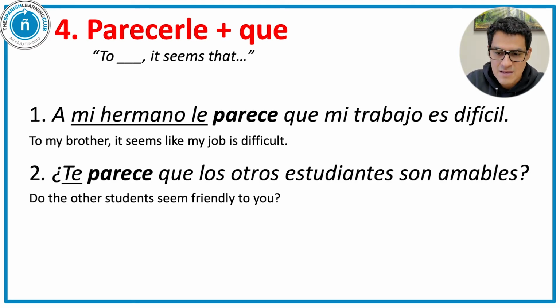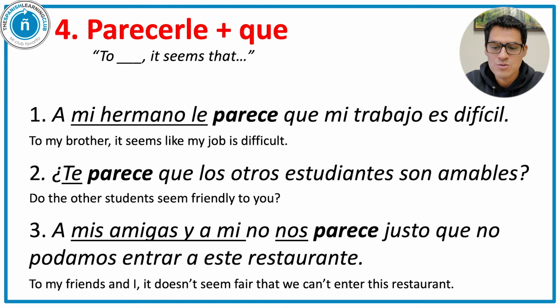A mis amigas y a mí no nos parece justo que no podamos entrar a este restaurante. Because we are still using parecer with que, the subjunctive rule we talked about before will apply here as well.